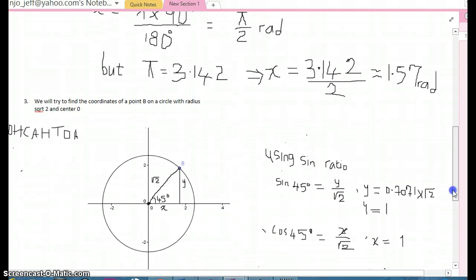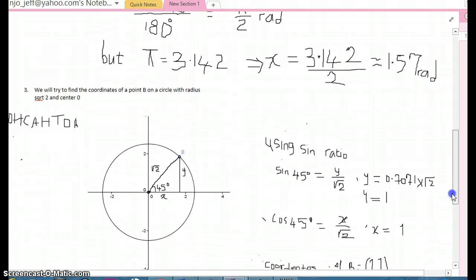The third task here is to find the coordinate of a point B on a circle with a given radius and from a certain center. We know that this point B is on a circle, and here we are given the radius r to be root 2.